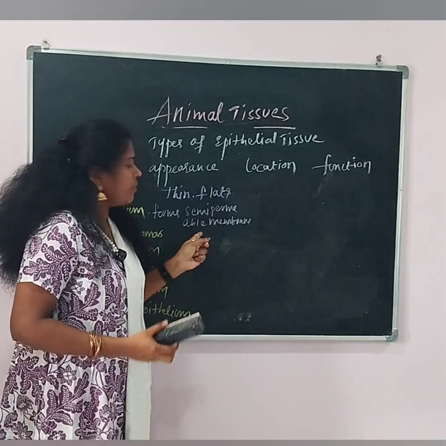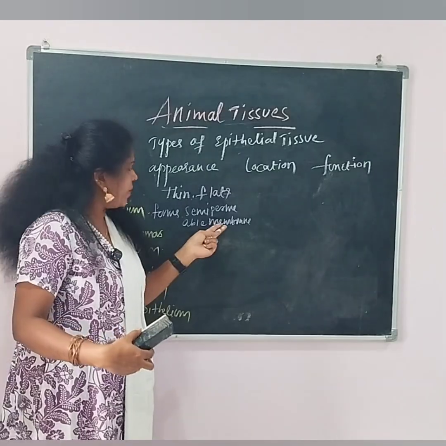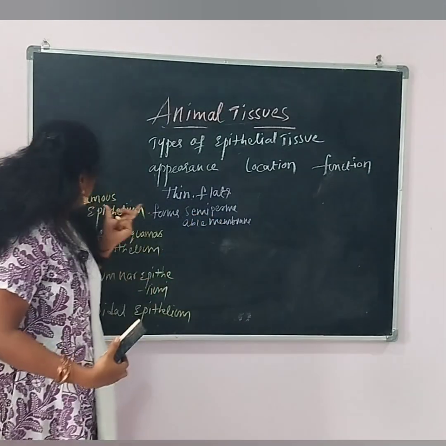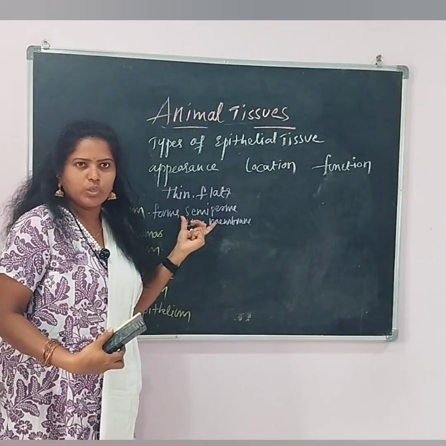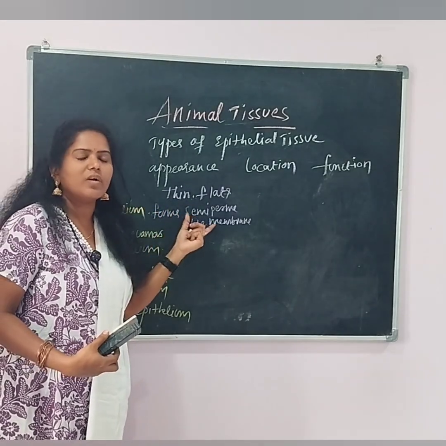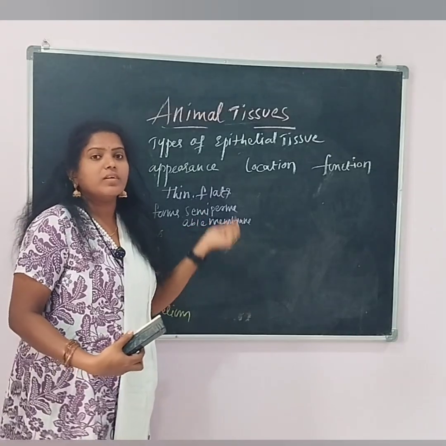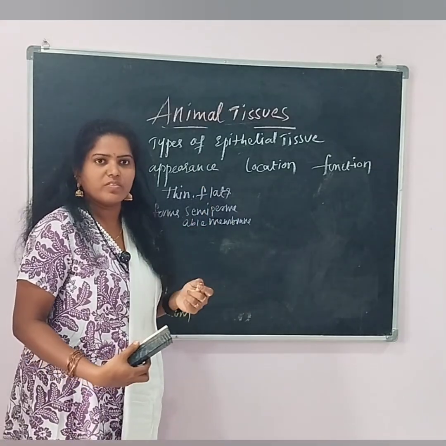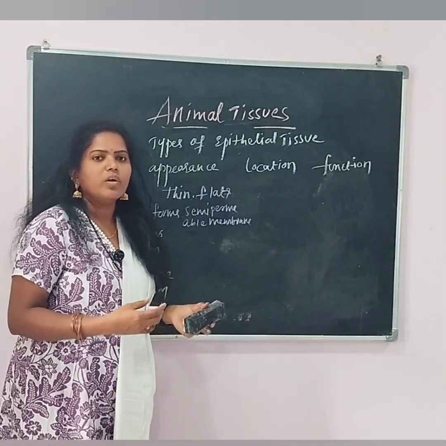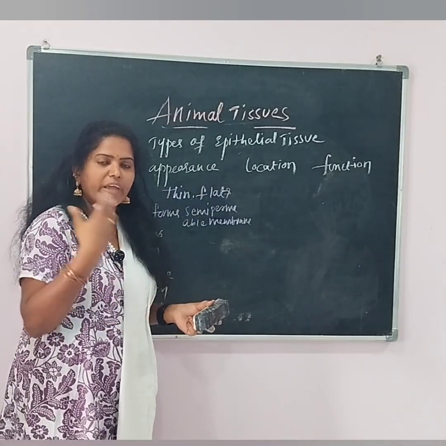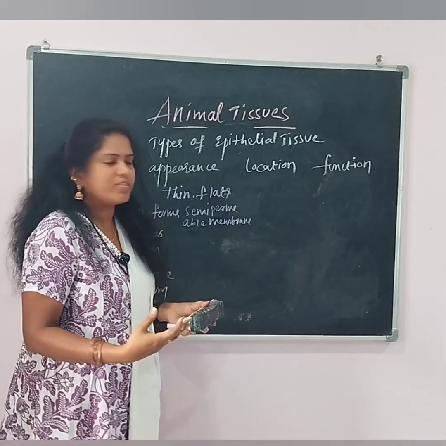Permeable, giving permission. Membrane is nothing but a layer. So this squamous epithelium allows only a few substances to pass by the diffusion process. Diffusion means movement of substances or particles from a high concentration level to a low concentration.